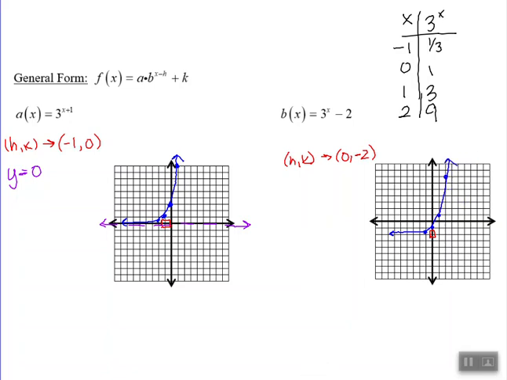And there we have our graph. Here, our horizontal asymptote is at y equals -2. Exponentials always have a horizontal asymptote, and it will go through this h, k starting point.